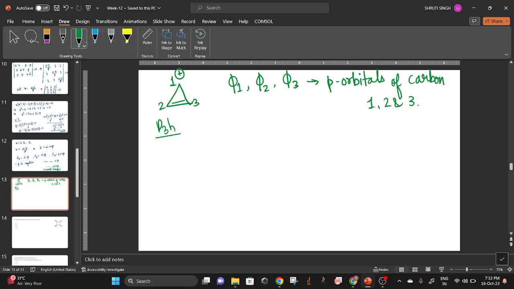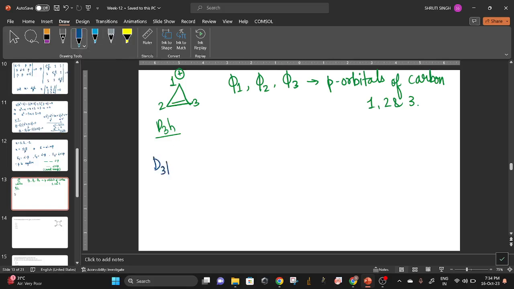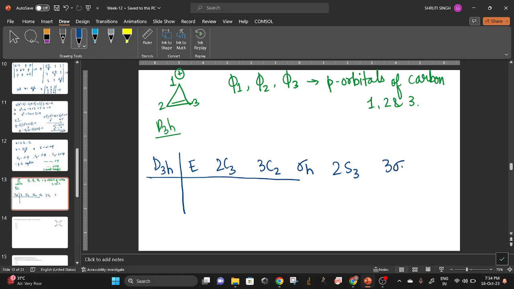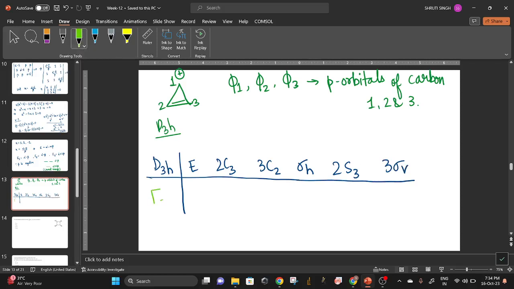Here the point group is D3h. So let's see how the representation is. In D3h it is E, 2C3, 3C2, sigma h, 2S3, 3 sigma v. Let me name this as gamma. Phi is the p orbital.